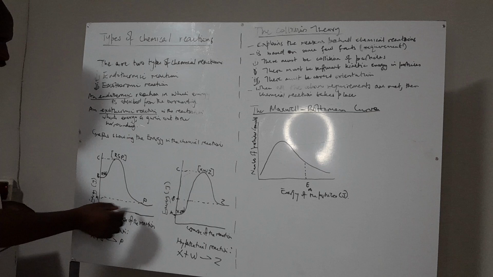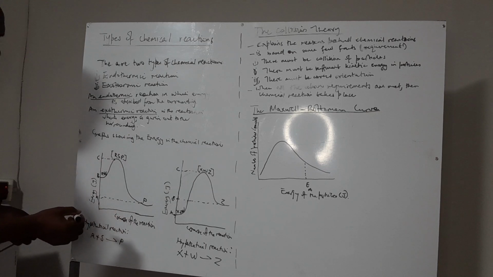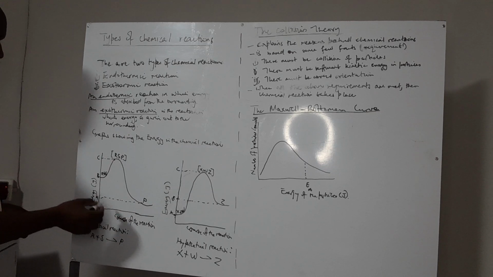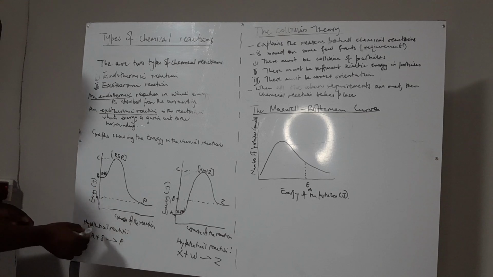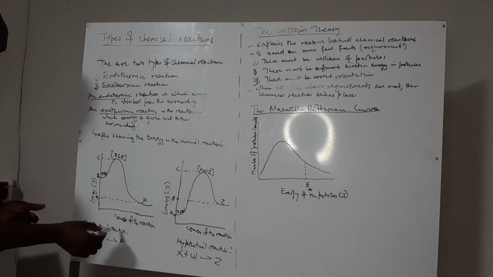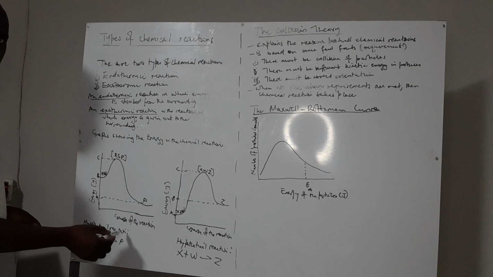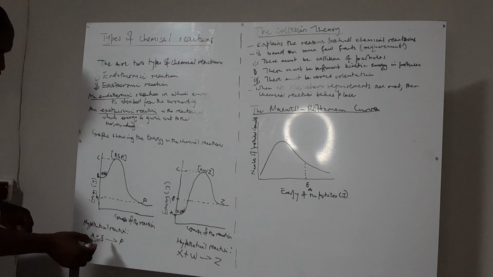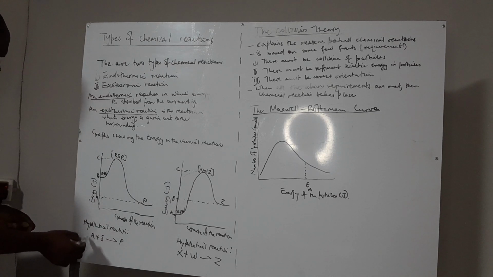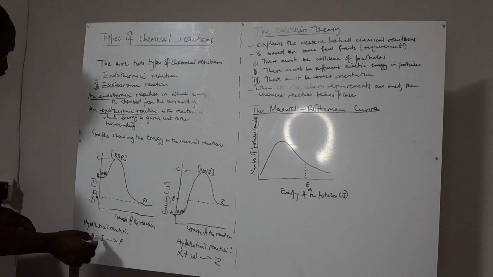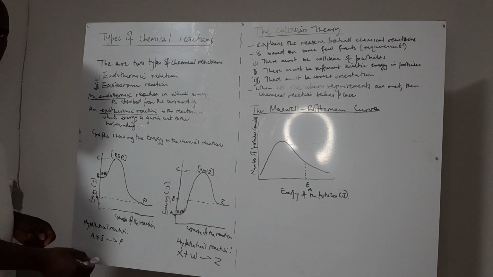Then on my horizontal axis, I've got the course of the reaction. So I've got a hypothetical chemical reaction, in other words, a reaction not from elements or compounds that you know of. In this case, one of my reactants is R that reacts with another reactant, which is S, and this forms my product, which is P.